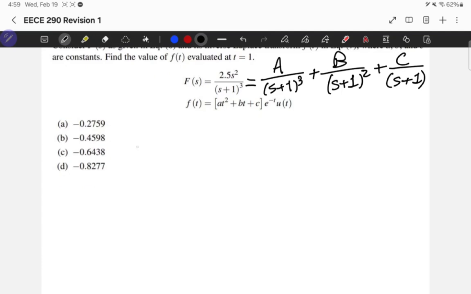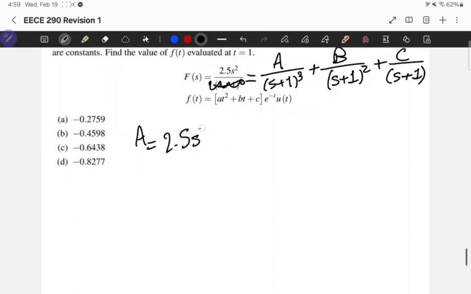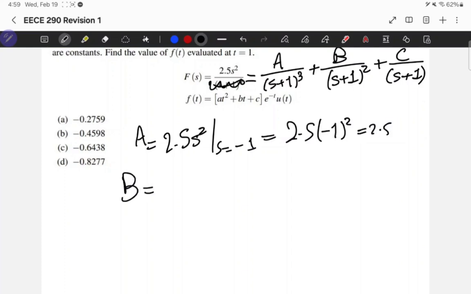To find a, it's easy. A, we're gonna cover this up and evaluate it at whatever makes the denominator 0. So this is equal to 2.5 s squared evaluated at s equal to minus 1. So 2.5 into minus 1 squared, so 2.5. Easy. B is equal to, now the denominator of b is 1 degree less than that of a.